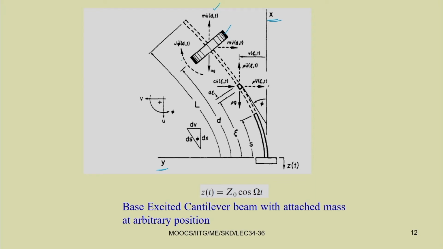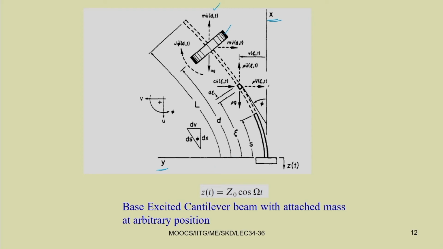Similarly, here we have the rotary inertia J phi double dot. We have taken the small element at a distance zeta, and this arbitrary mass is put at a distance d from the fixed end. If we want to write the equation of motion at a distance s from the base, we can write that equation of motion.